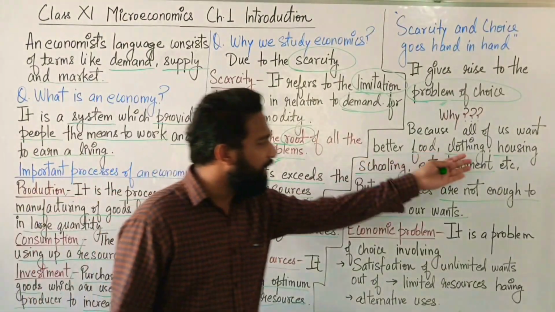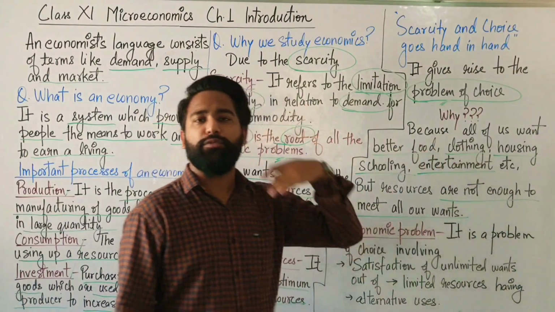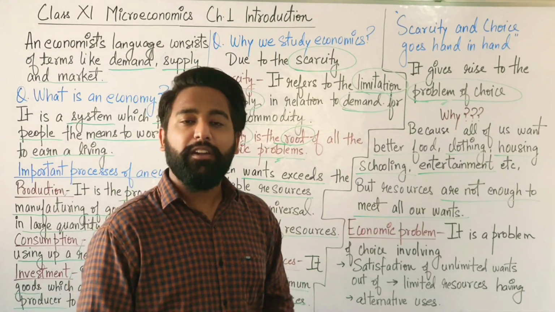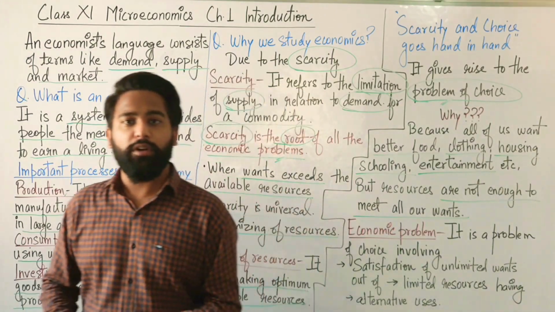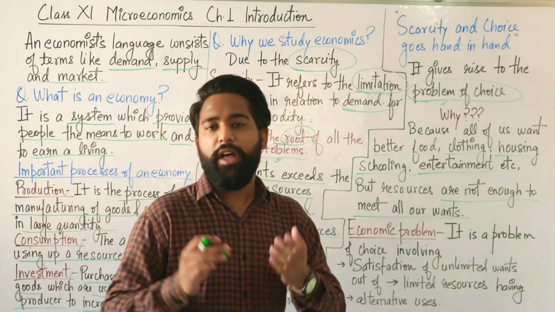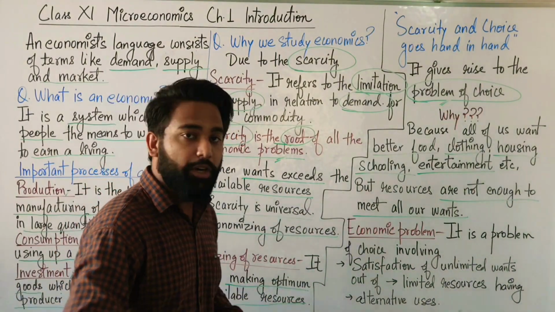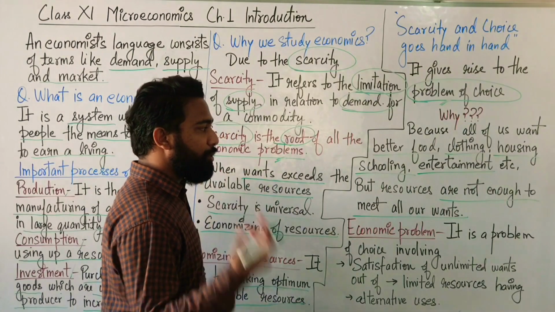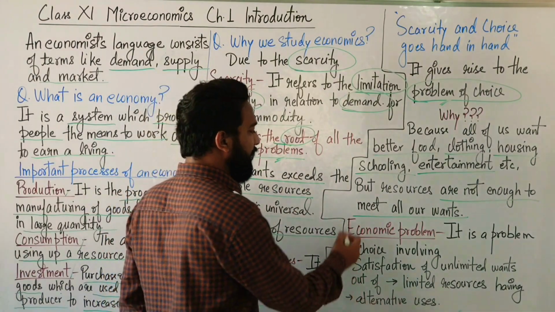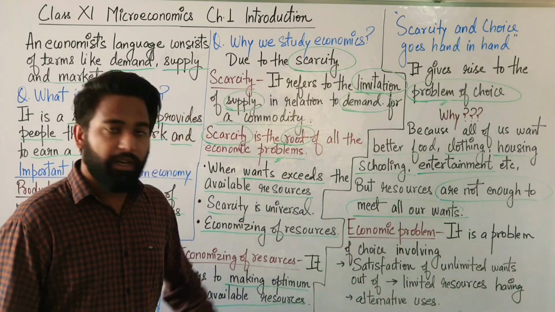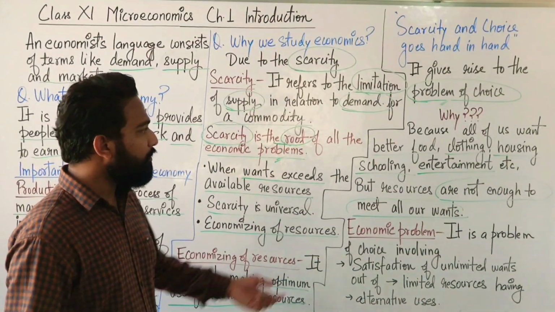We want everything, but do we have enough money for that? No. We have a very limited amount of money, very limited resources, but our wants are so many, and our resources are not enough to meet our wants. Is that clear?